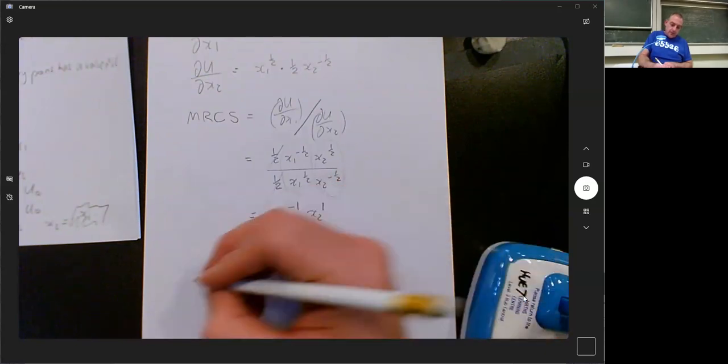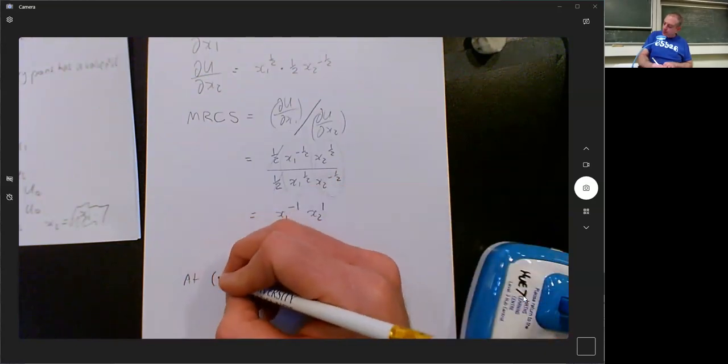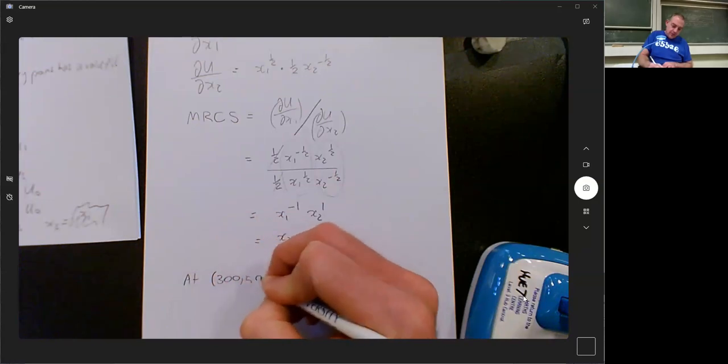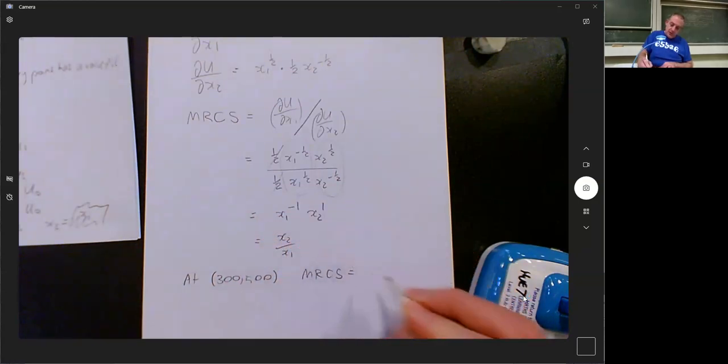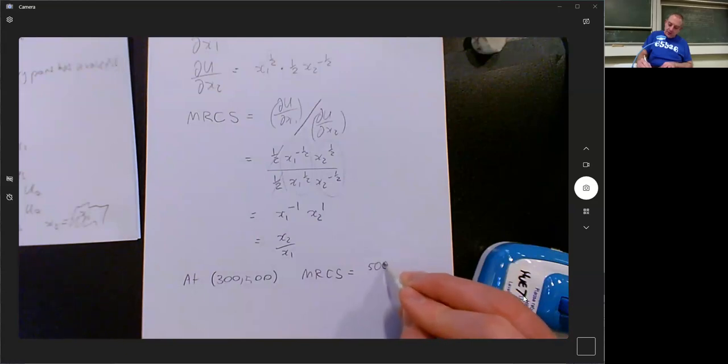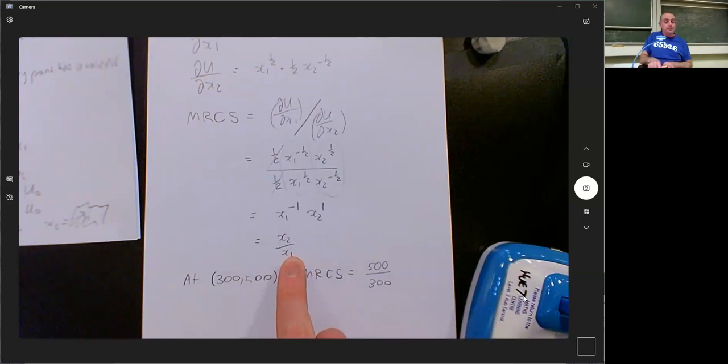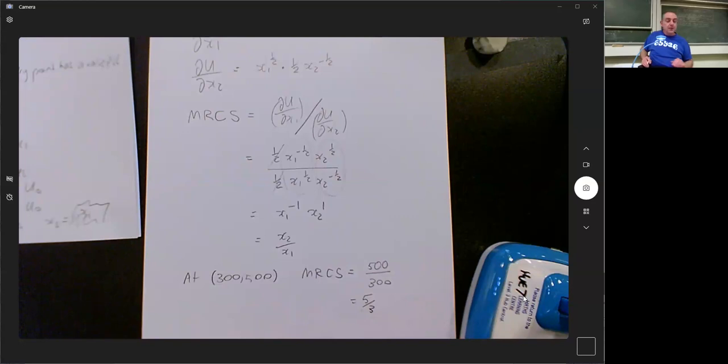So at the point 300, 500, the marginal rate of commodity substitution is x2 divided by x1 according to this calculation here, which is 5/3. So that's telling me that for every one x1 that I lose, I'm going to have to gain 5/3 of an x2 in order to maintain the same utility.